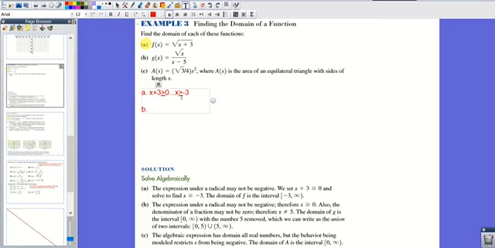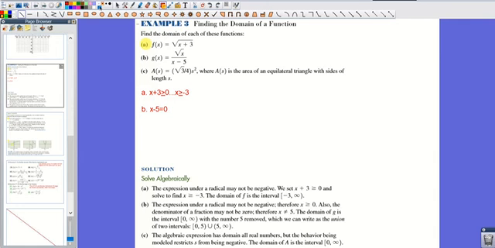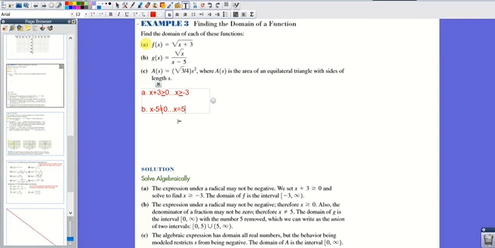It is 5. So let's set it equal to x minus 5 and solve it to see what x cannot equal. I'm going to put a slash through the equal sign, like that. And I get x cannot equal 5.